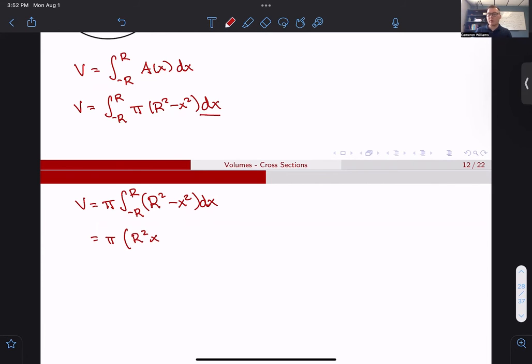So that's just a power of x. We can apply power rule. What power rule says is that the integral of x to the n dx is 1 over n plus 1, x to the n plus 1, plus c. Of course, plus c, don't forget that. We're doing a definite integral, so it doesn't matter. Plus c would cancel. Provided n does not equal -1. That's the natural log situation.